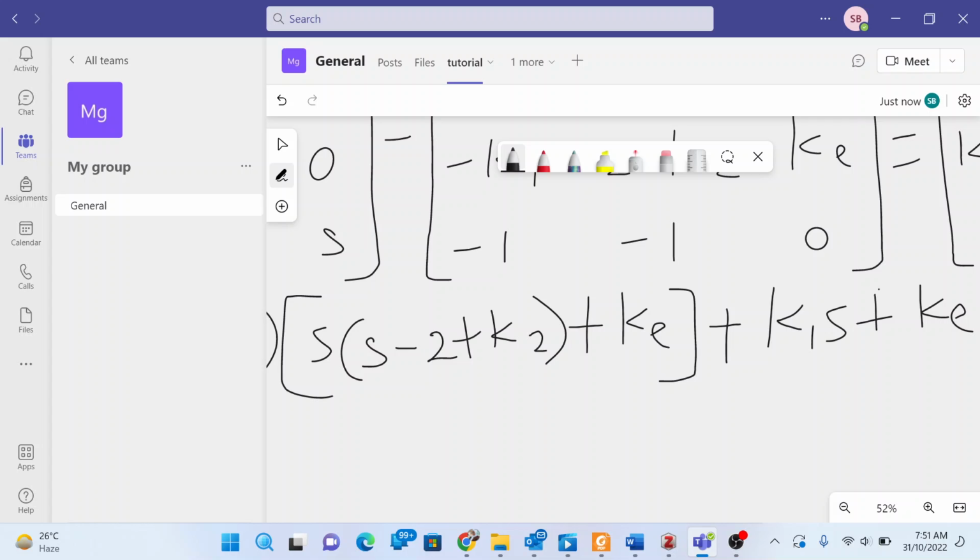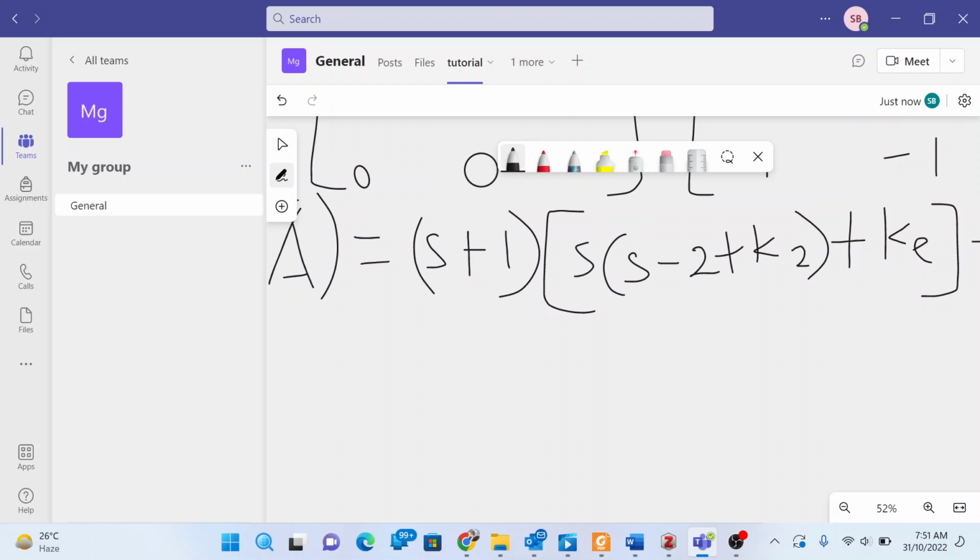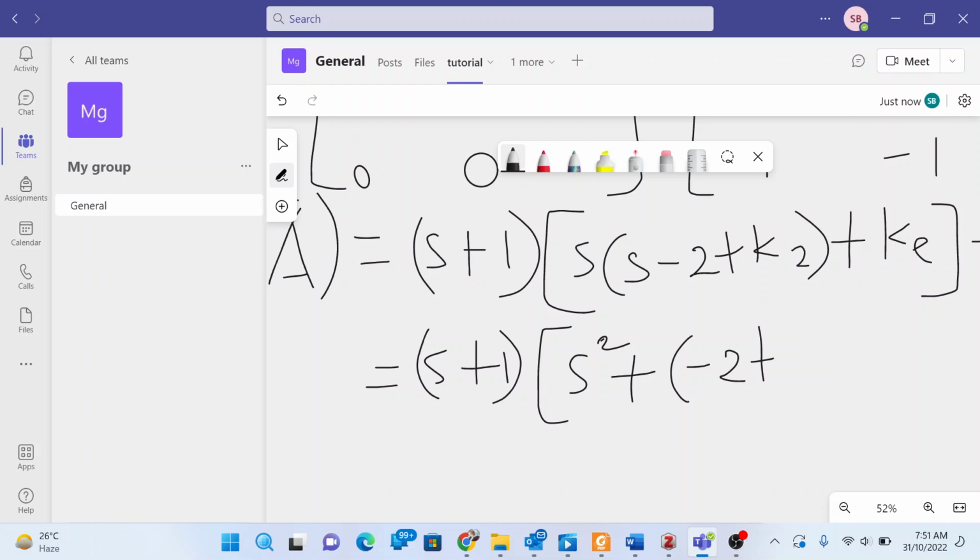If we now expand this determinant, it's going to be S plus 1. Opening this bracket gives us S squared, then minus 2 and K2, which are constants, so we put them together and multiply them by S, then plus KE.